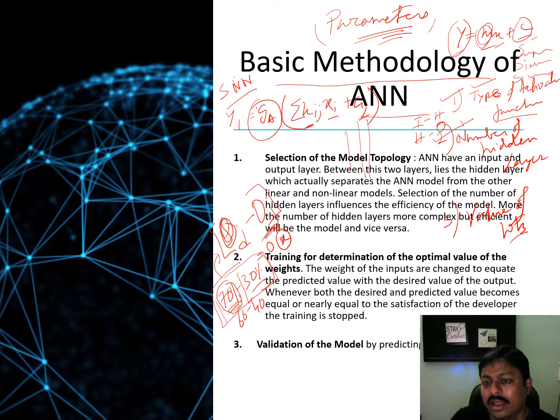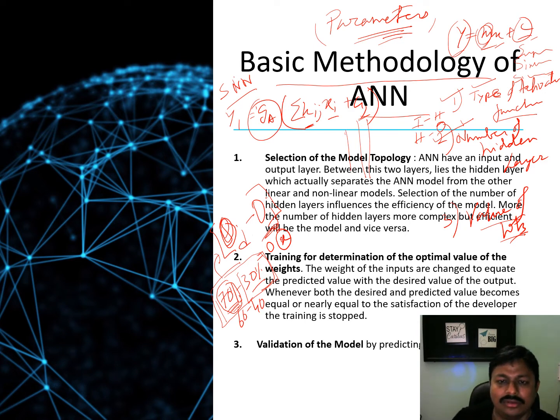And the value of weights, as I have already said, we constantly change, and when we see that this difference, OD minus OJ, becomes 0, or some value which cannot be changed even after changing the weights many times, at that optimal point, whatever value of the weights is there, we use that value of weights for predicting the unknown.